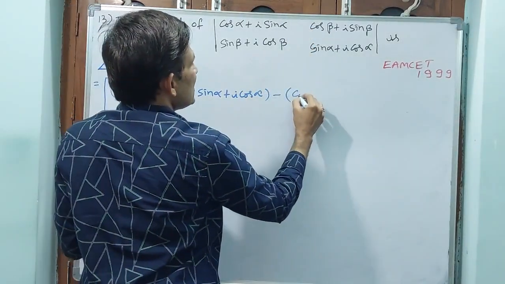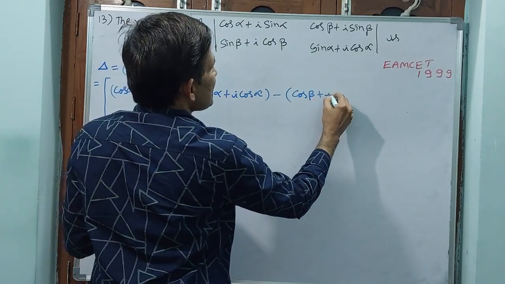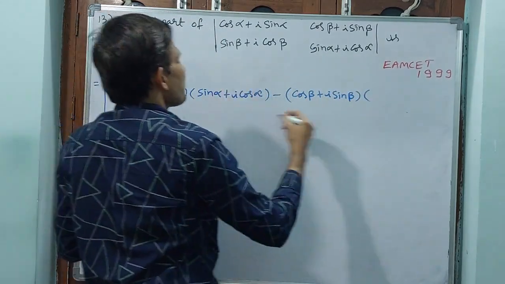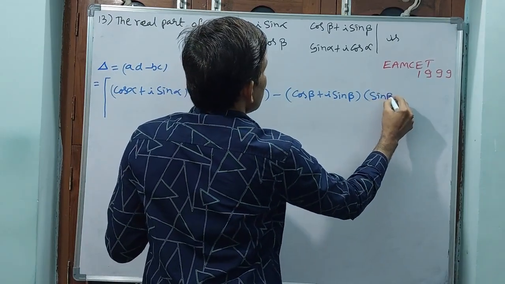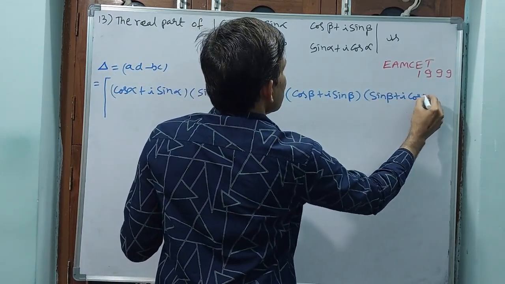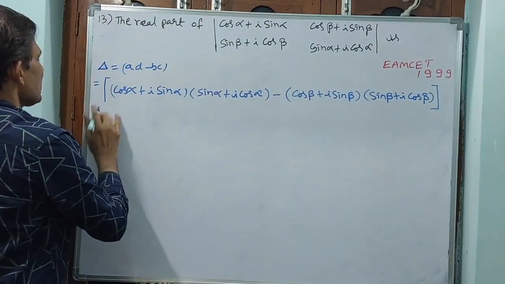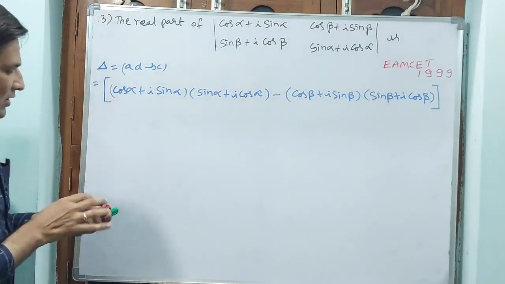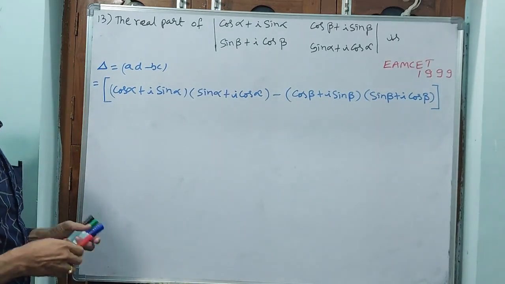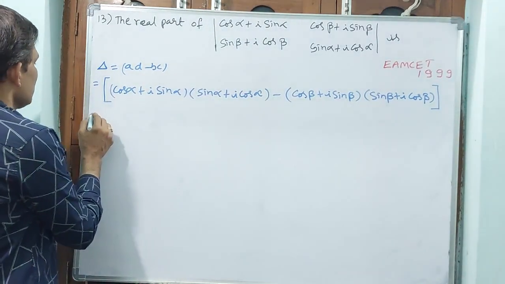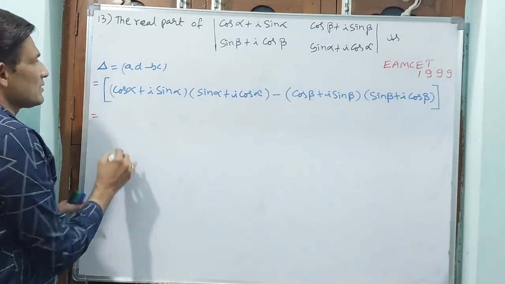B is cos beta plus i sin beta into C, sin beta plus i cos beta. This is not a tough question, but it is a laborious question. Possibility of mistakes is there, that is why you should be very careful.